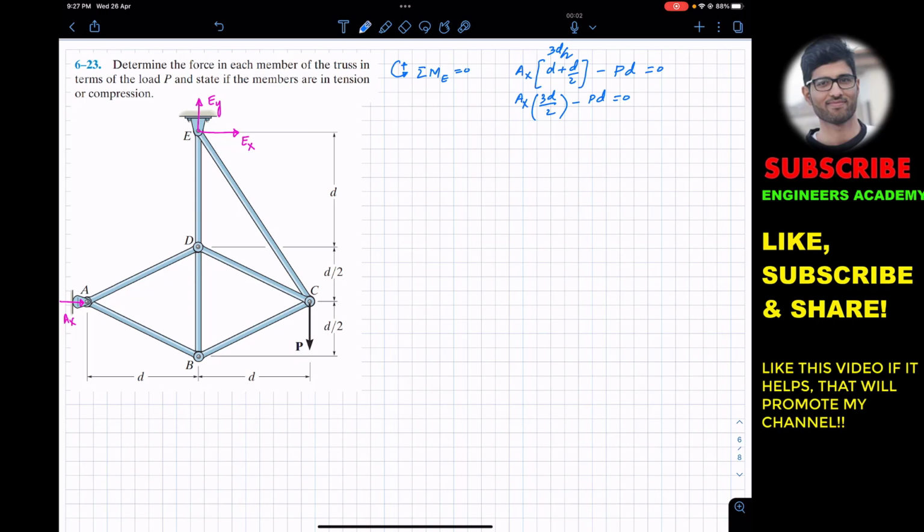If we divide this whole equation by D, D will cancel out and we will be left with 3 divided by 2 AX minus P equals to 0. From this we can say that AX is equal to 2 divided by 3 P. So let me write here that AX is 2 divided by 3 P.